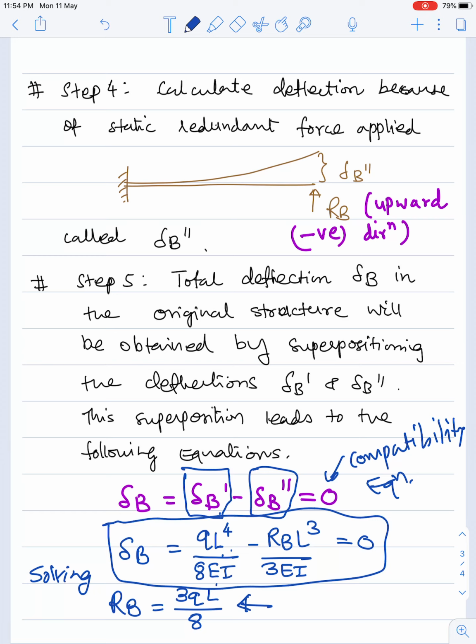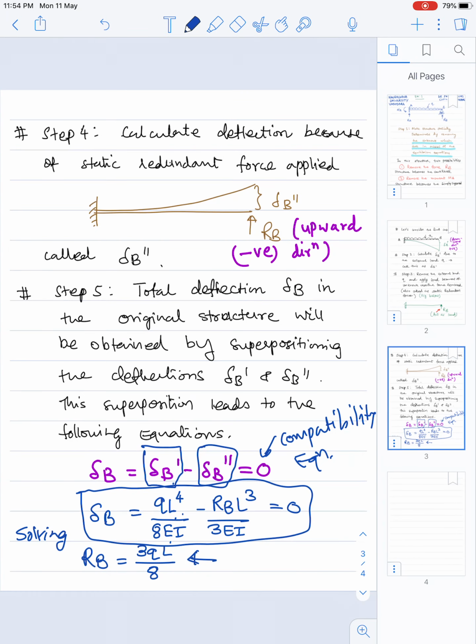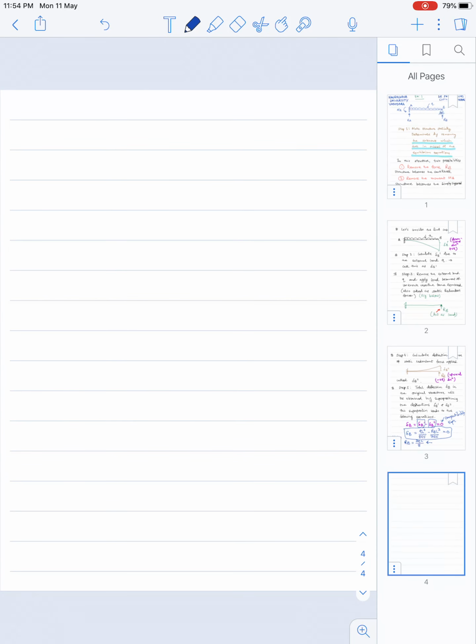Now we will see the case when we remove the support and take the redundant force as MA. So you can see here, this is your beam.